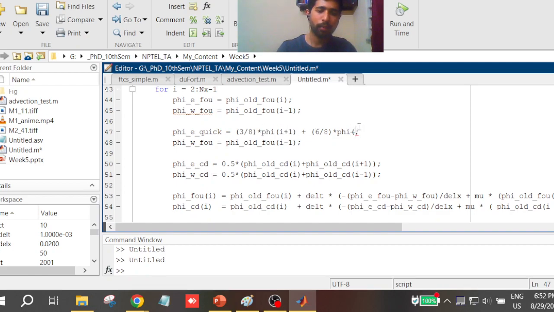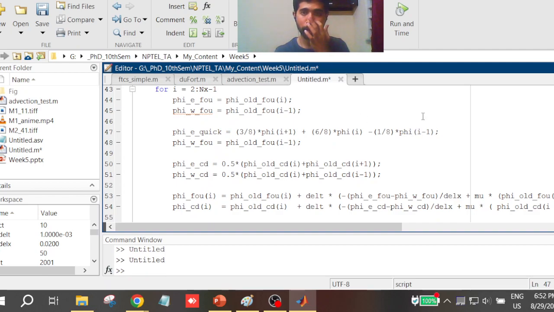These weights should add up to 1, so it should be 3 plus 6, 9, minus 1 by 8, so 1 by 8 of phi of I minus 1.